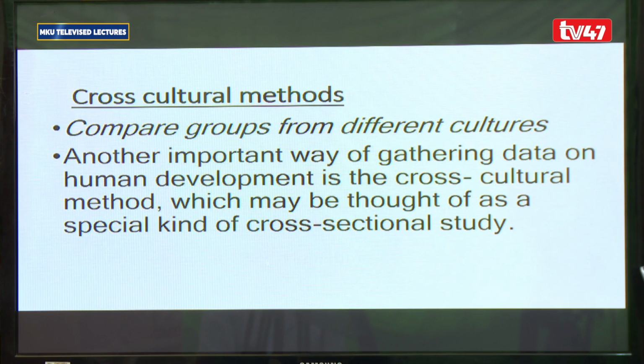Now, the other method is what we call cross-cultural methods. Under cross-cultural, we compare different groups from different cultures. To be able to do this, we gather data on human development in terms of the cross-cultural method, which is a special kind of cross-sectional study.